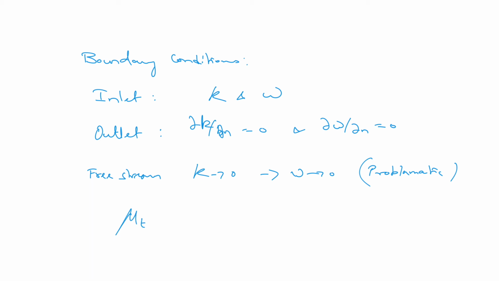This is given by mu t is rho k by omega. If omega tends to 0, this mu t goes to infinity. When the turbulent viscosity goes to infinity, it will not be a physically possible problem. So to overcome this problem, we need to specify a small non-zero value in the boundary condition, as an initial condition.